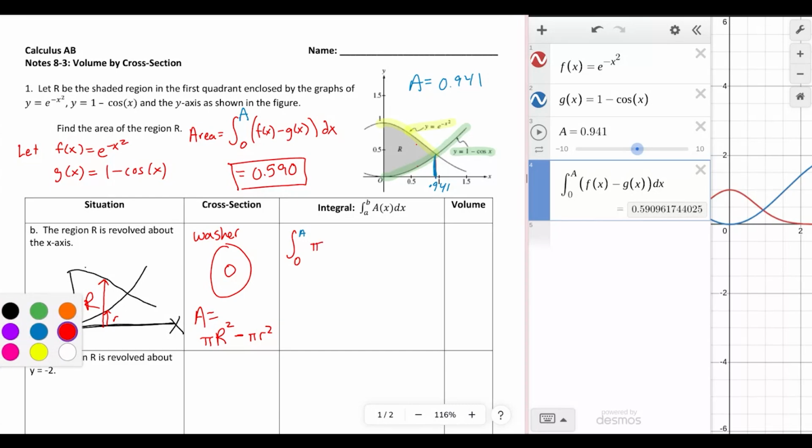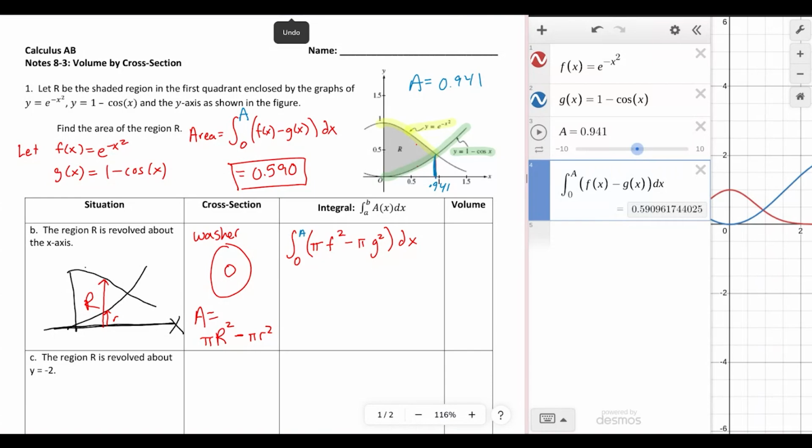Pi times the big radius, which in this case is f, and I'm just going to write f squared, minus pi times the smaller radius, which is the lower function, g squared. Now, when you type that into Desmos, you will have to write f of x and g of x, but just to get the idea down here.